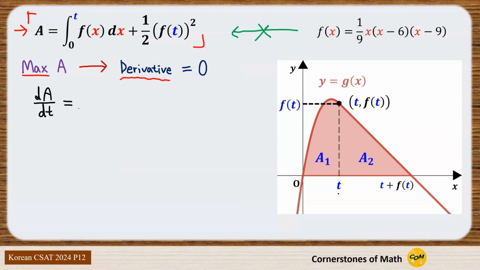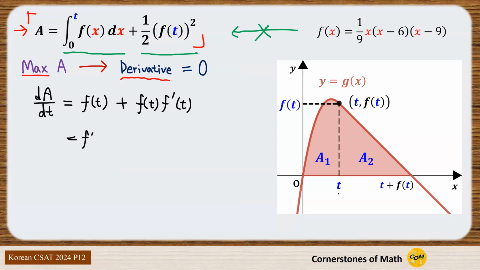So the derivative is, if we differentiate the first term with respect to t, it simply gives f(t). This is just the first part of the proof of the fundamental theorem of calculus. And for the second term, we have to use the chain rule. First, we obtain f(t) by the power rule, and then we must multiply its derivative, f'(t).